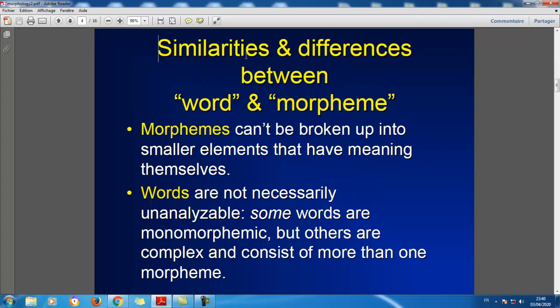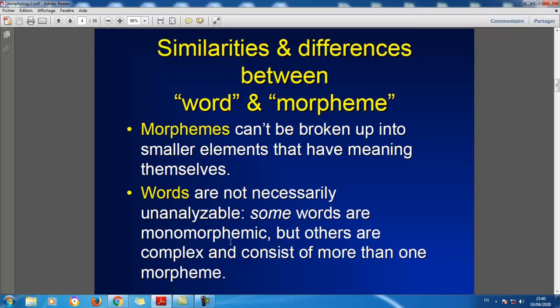Now let's talk about other notions in morphology here. Let's talk about, in particular, similarities and differences between word and morpheme. Morphemes can't be broken up into smaller elements that have meaning themselves. This is what we explained before, because they are the atoms, the smallest units. Now, words are not necessarily unanalyzable.